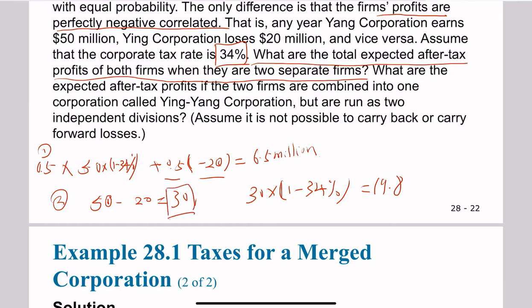So we will have this constant number, and then we will have a much larger after-tax profit compared with $6.5 million of expected profit when these firms are not merged. But as I said, conceptually this is interesting, but realistically it's not very useful because we know that there is loss carry forward and loss carry back.